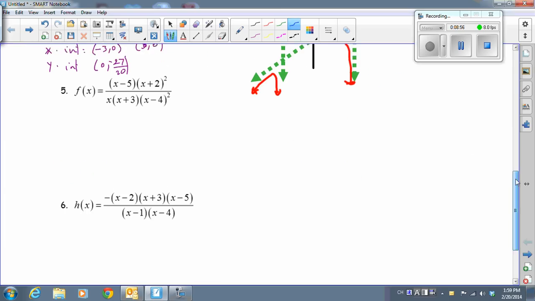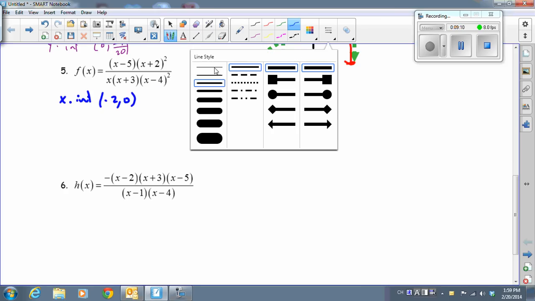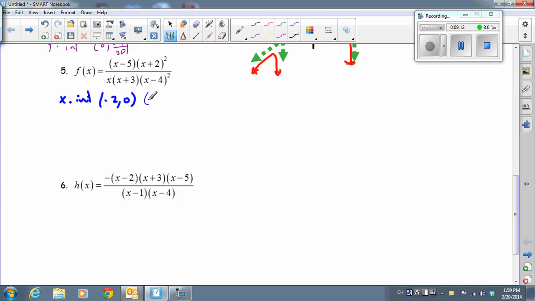Alright, let's go ahead and look at the second one. I'll go a little faster on this one. Well, the x-intercepts are at (-2, 0) and also at (5, 0). The y-intercept, I might not be going in order, but the information remains.